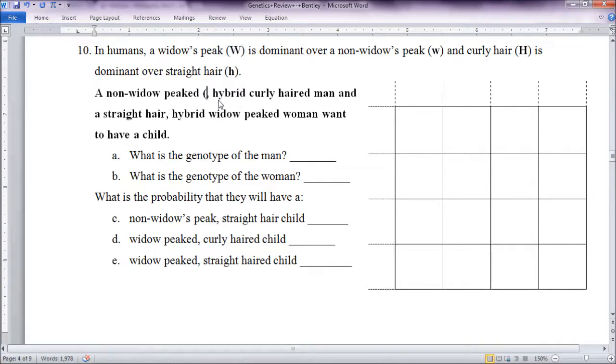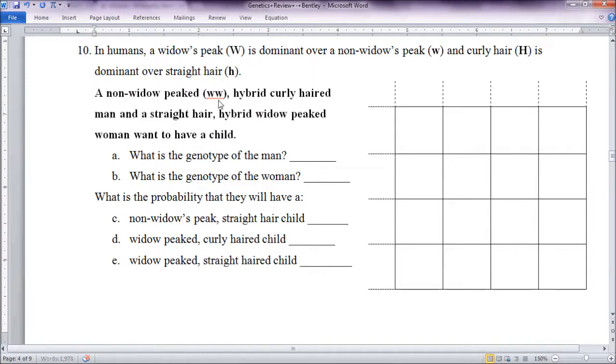So non-widow's peak would have to be lowercase w, a hybrid curly-haired man. So curly hair is capital H something, but in this case we're a hybrid, so it's capital H, lowercase h. A straight hair, so that would be lowercase h, but hybrid for the widow's peak will be capital W, little w.